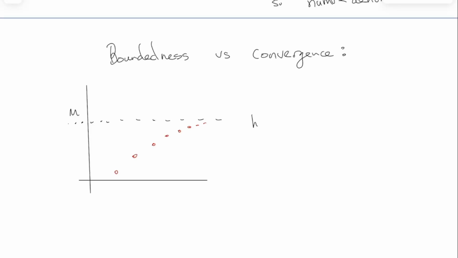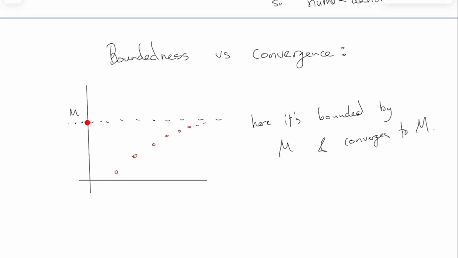So here, it's bounded by M and converges to M. But that's not always the case. Can anyone imagine a sequence which is bounded by M but converges to something else? Could it be bounded by M but converge to something other than M?